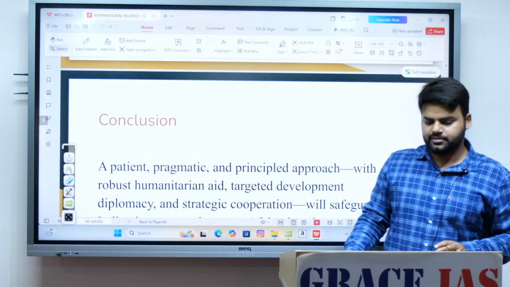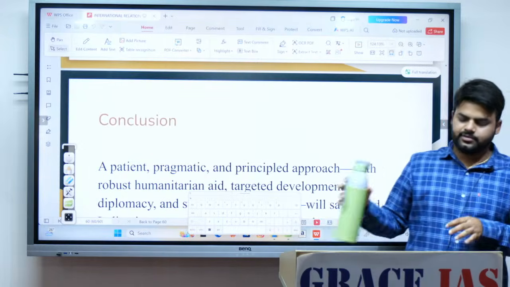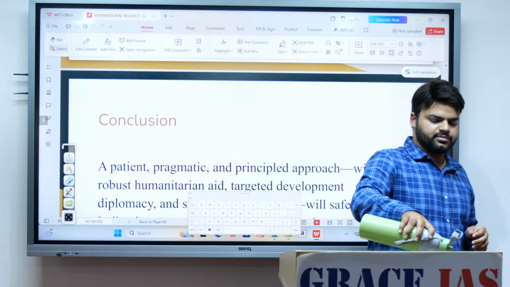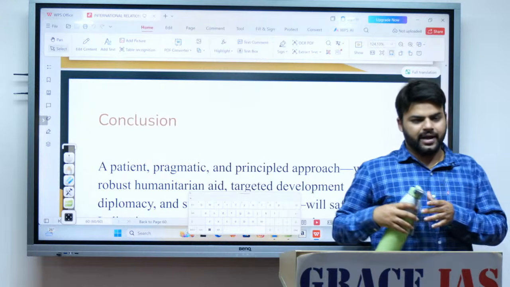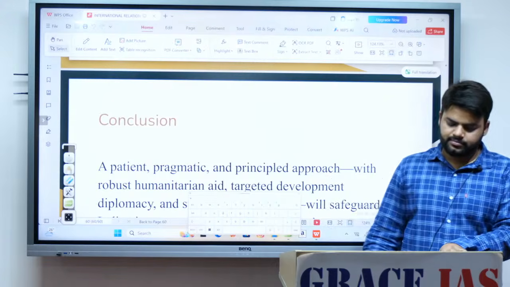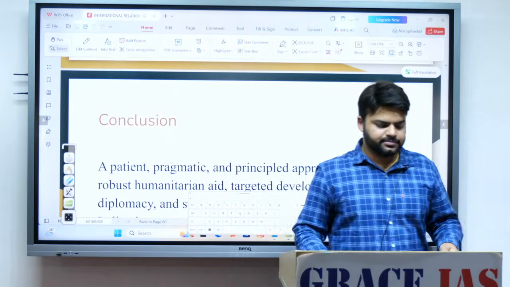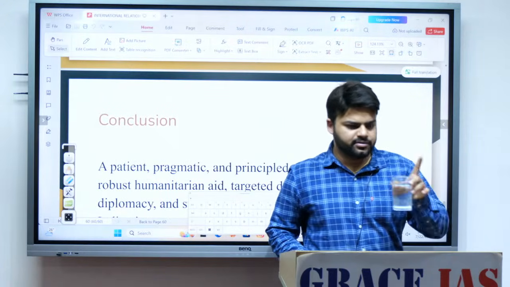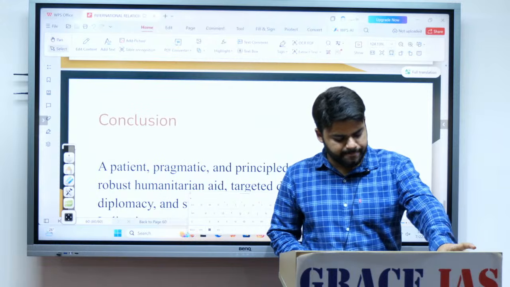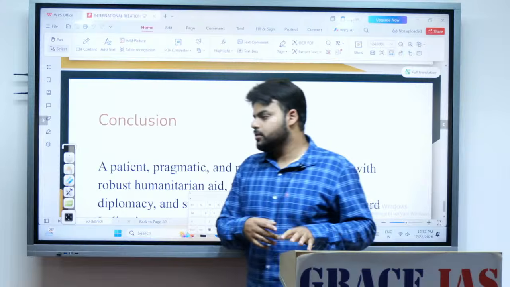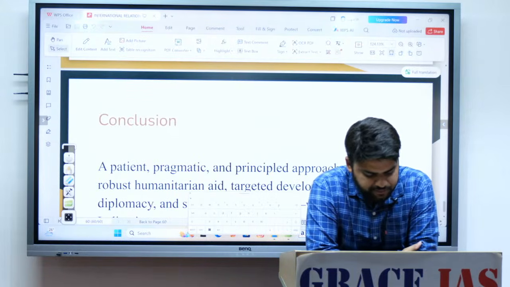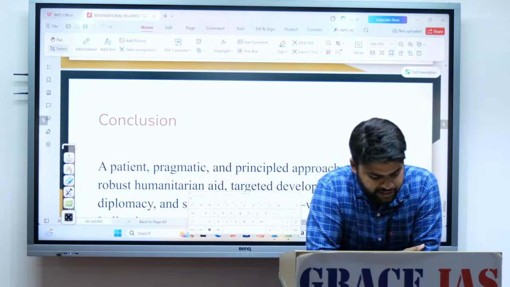India should follow a patient, pragmatic and principled approach: continue humanitarian aid, targeted development diplomacy, and strategic cooperation.